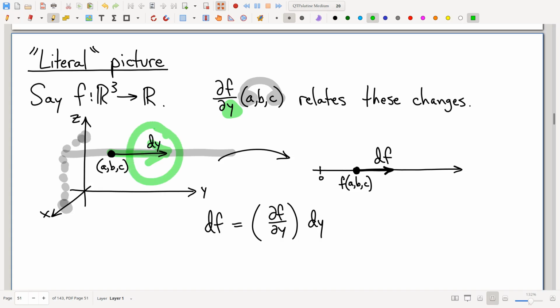And if I move in the y direction by some amount, how far does my position change? What vector represents my change in the domain? Well, there it is. It's what I'm calling dy, and it's entirely in the y direction. Of course, if you do that, there will be a resulting change in the value of the function, df, which of course we draw over there.